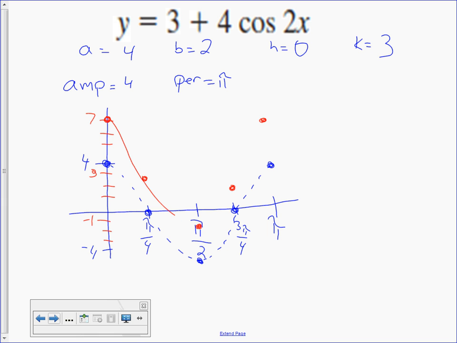Now, does it have to look perfect? Of course it does. Make sure that your values that you're shifting, your new points, are labeled, whether it's on the y-axis or on the x-axis. Make sure you label those points. Okay? I'm expecting to see tick marks and values and stuff. Your vertical shifts are usually a little bit easier than horizontal shifts.